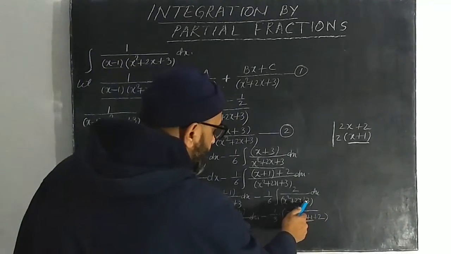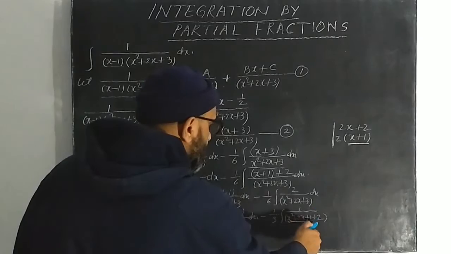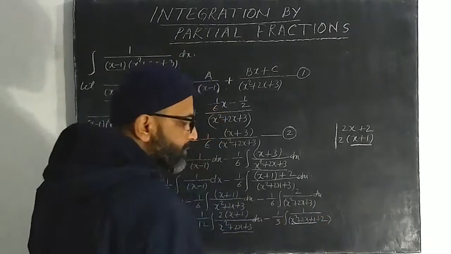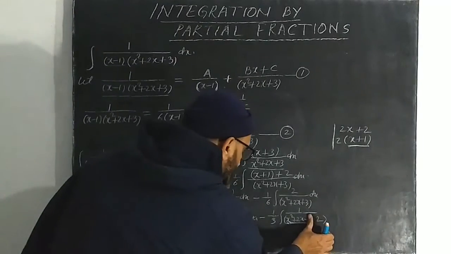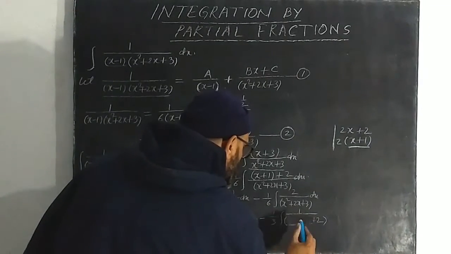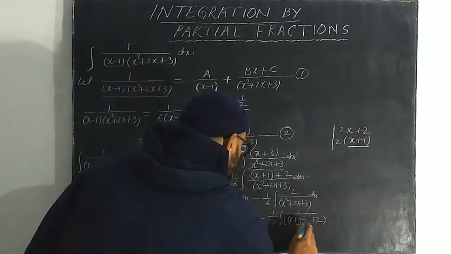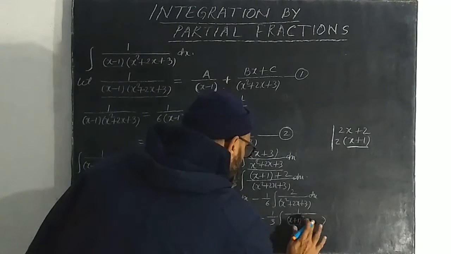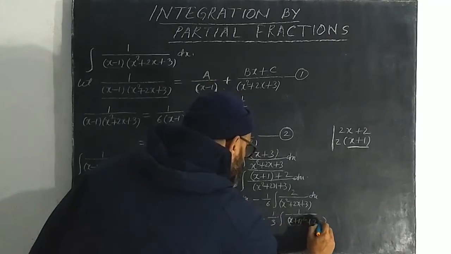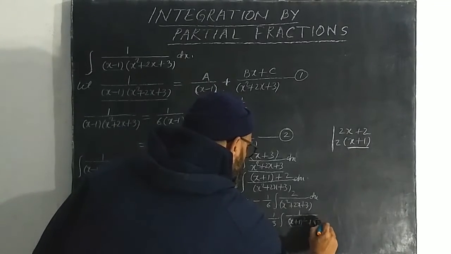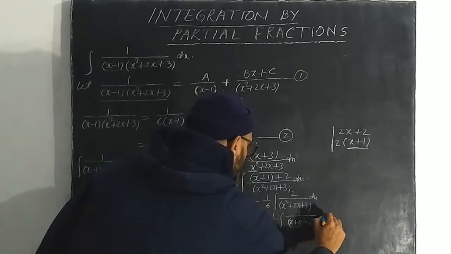So here we have broken 3 as 1 plus 2, so that x square plus 2x plus 1 becomes x plus 1 whole square. So we may write it as x plus 1 whole square and plus 2 as it is. Plus 2 may be written as under root 2 whole square.